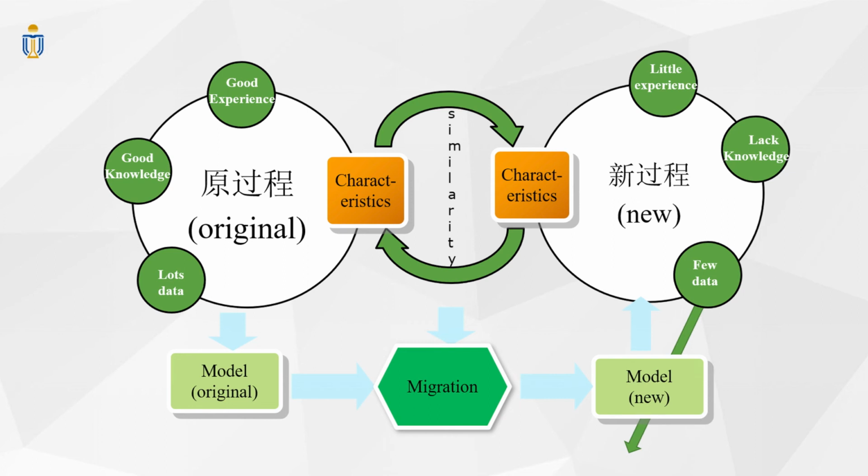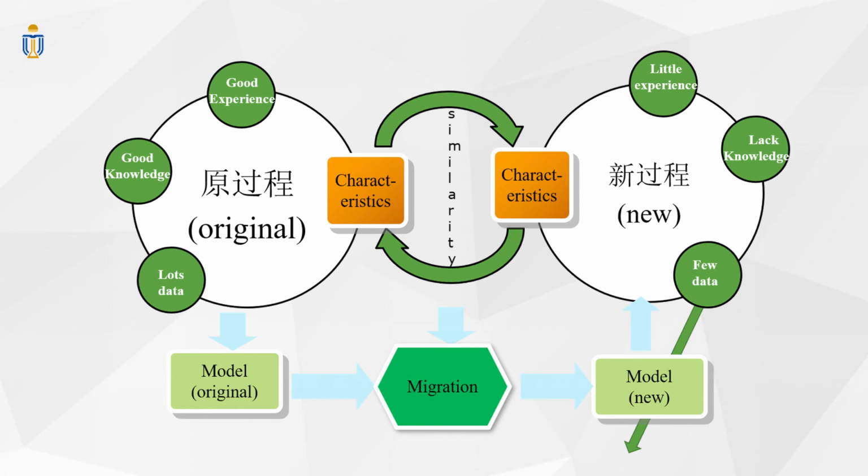But then the question is, when the production of this product is over, we switch to the production of a new product. We do not have knowledge. We do not have data. The model you developed here no longer fits the new process. The question is, how can we develop a new model for the new process or new product quickly?